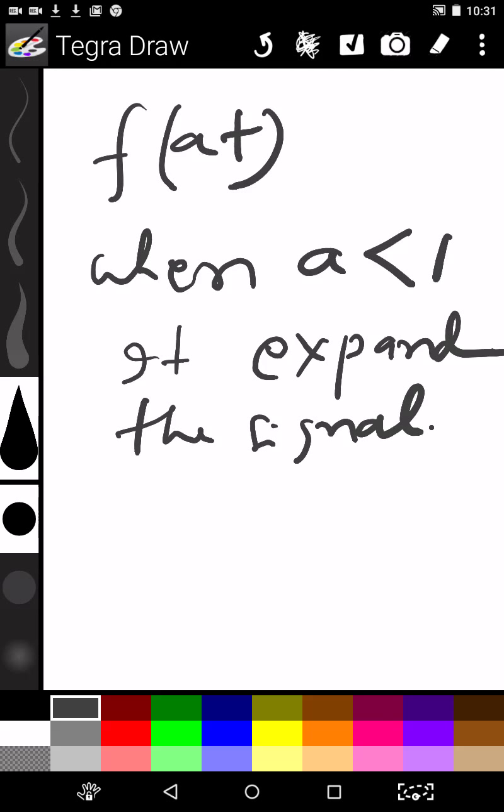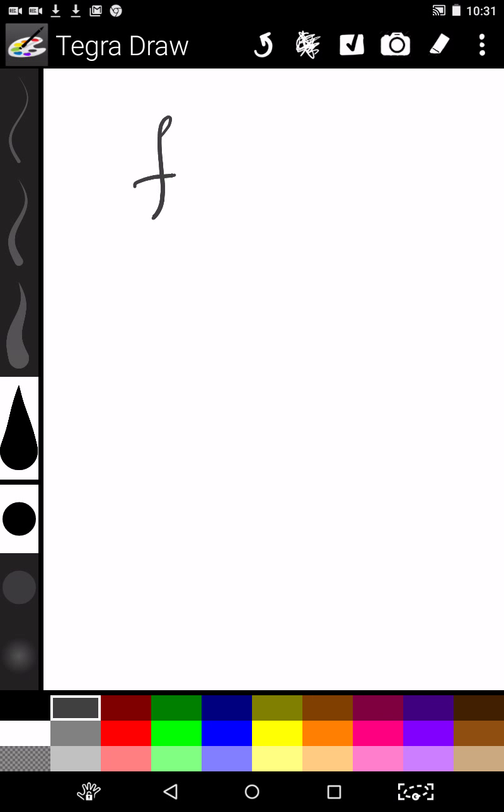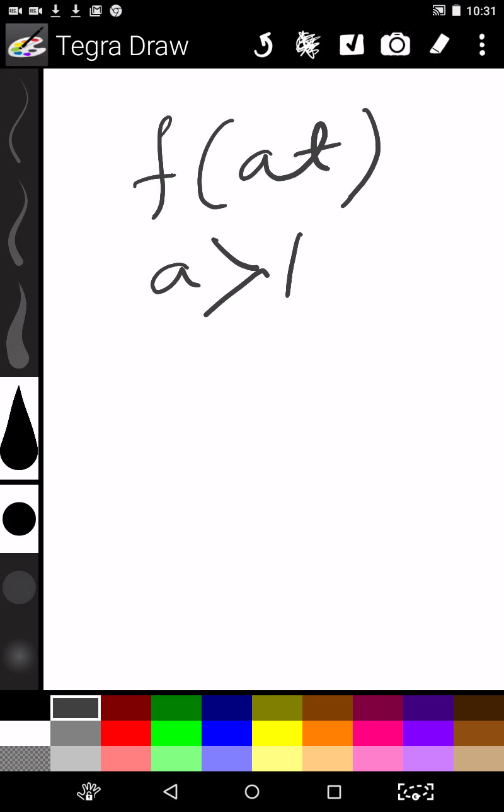Physically we can understand that if a video plays slowly and more slowly, the multiplication factor in the argument is less than 1. If the multiplication factor a in the argument is greater than 1, then the video will be processed speedily.